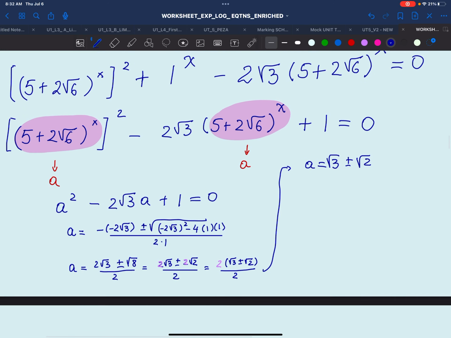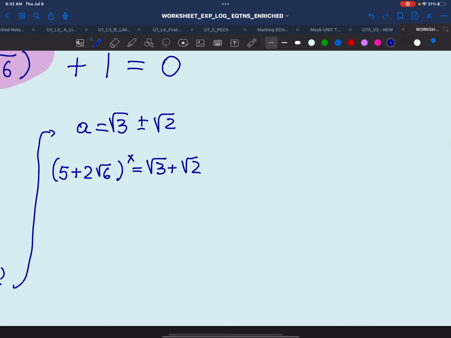So again, we have to solve for x. And that means we have to bring a in, so 5 plus 2 root 6 in. And we'll say that 5 plus 2 root 6 to the power of x equals root 3 plus root 2, or 5 plus 2 root 6 to the power of x equals root 3 minus root 2.